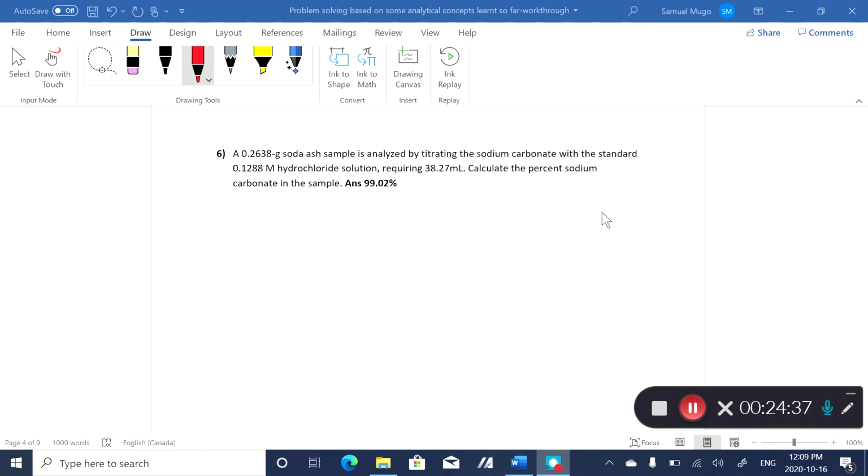As I've said before, it's always good to start with the chemistry that is taking place. So the titration reaction. So you can see that I've got the sodium carbonate, which is a key component in soda ash.